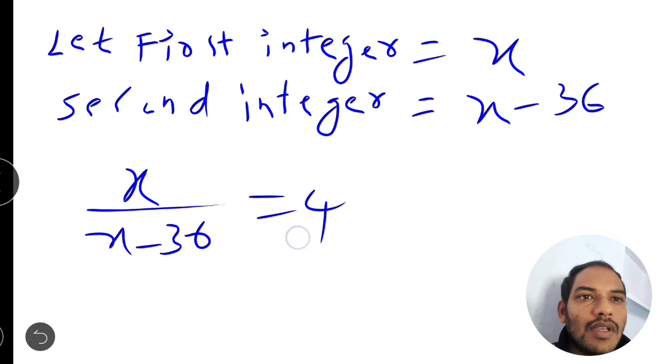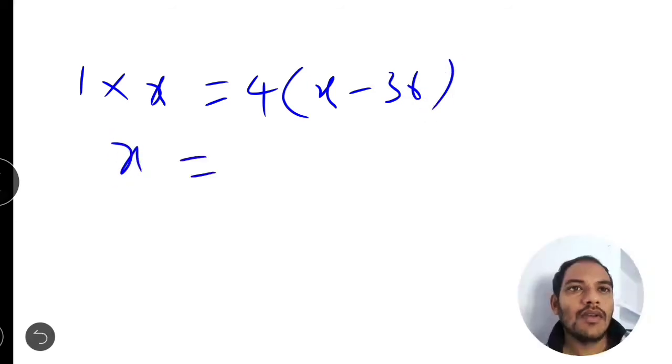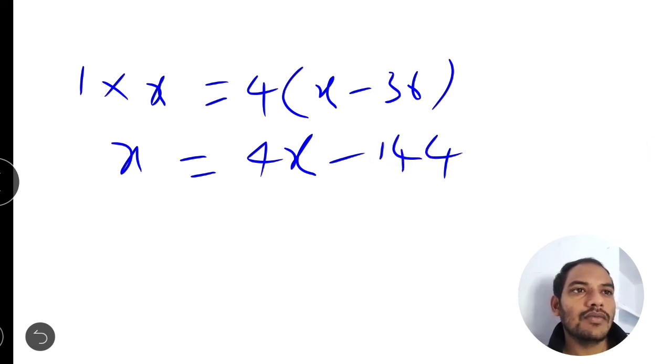Now 4 can be written as 4 by 1 and do cross multiplication. So 1 into x equals 4 into x minus 36. So 1 into x is x, 4 into x is 4x, minus 4 into 36. 4 6s are 24, 2 carry, 4 3s are 12, 144.